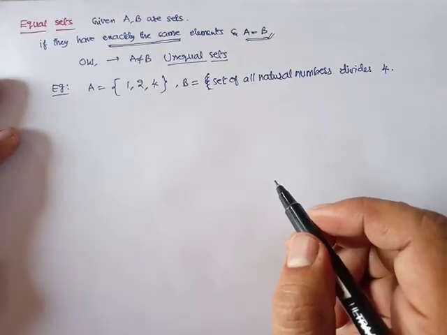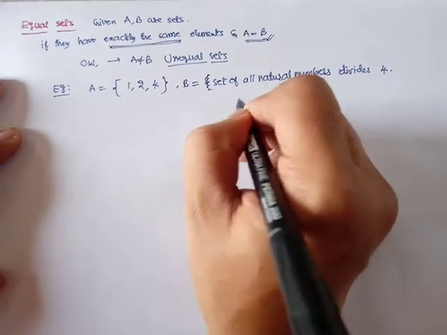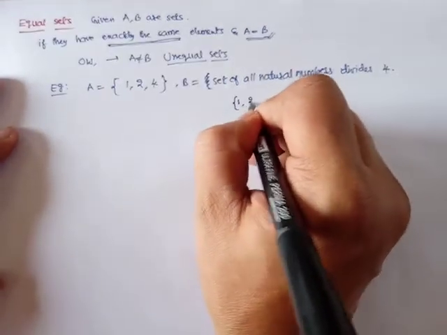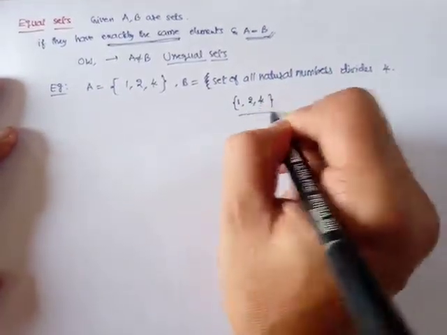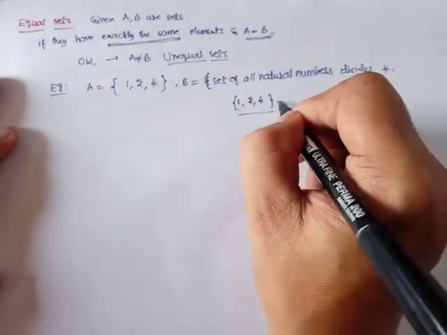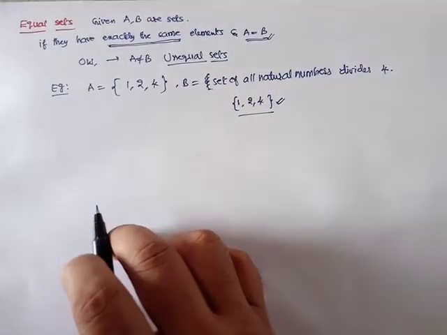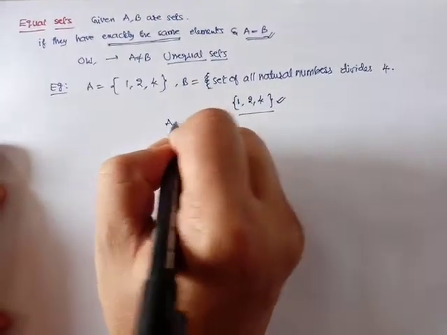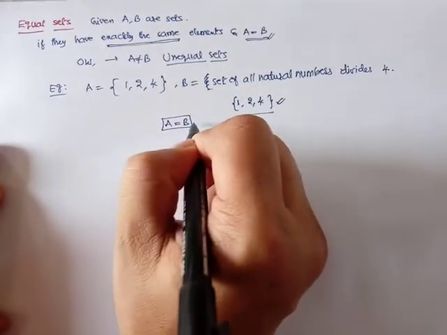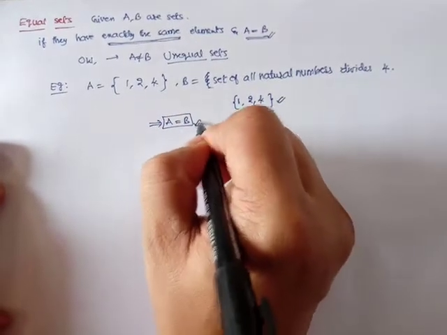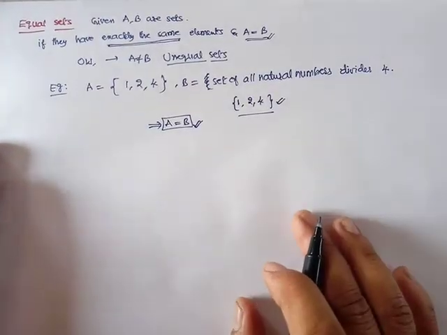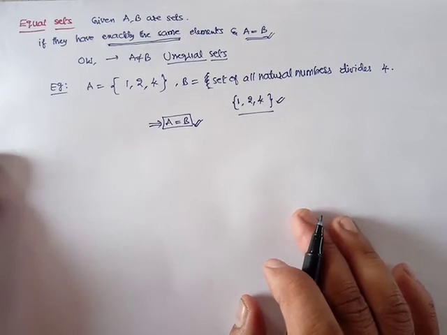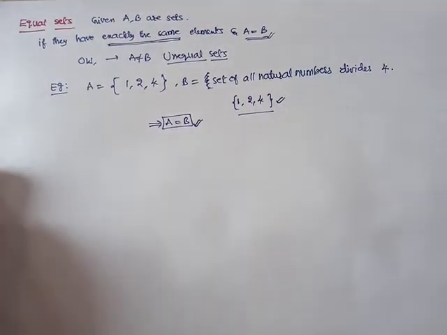So 1 divides 4, 2 divides 4, and 4 divides 4. Then B contains the same elements as 1, 2, 3, 4. So each and every element is the same here. That's why it can be written as A is equal to B.